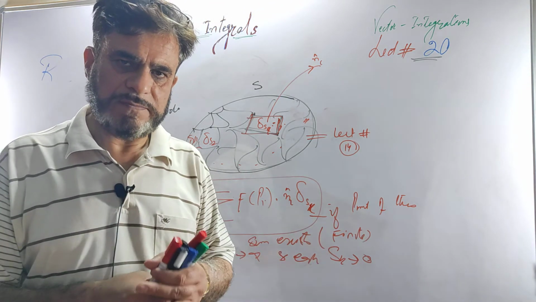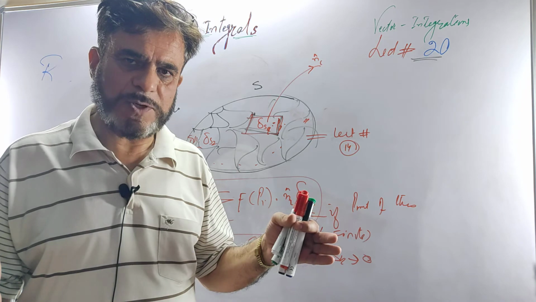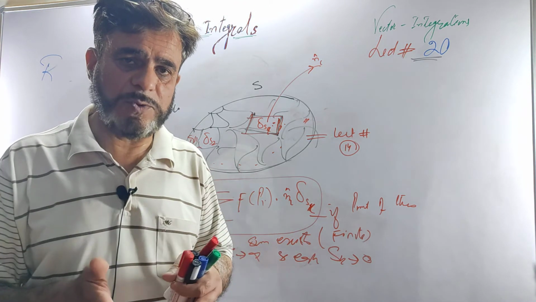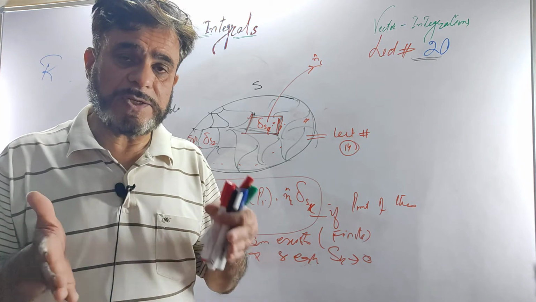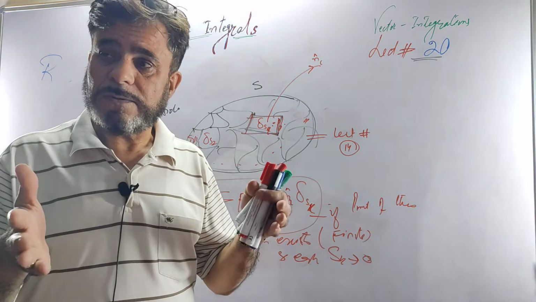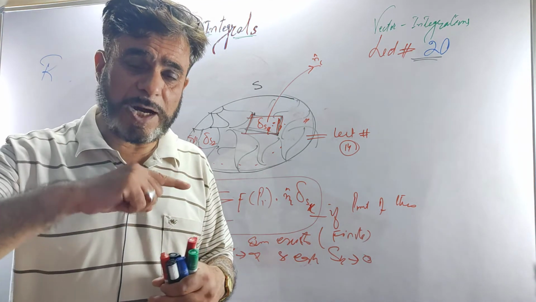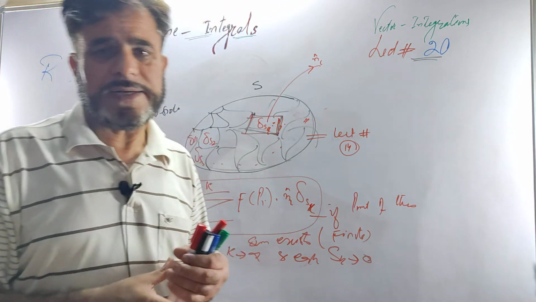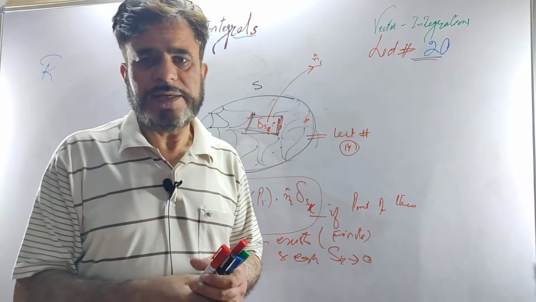Suppose you take a matchbox, it is closed, it has 6 faces and it has volume. You take a cuboid, a cube, even a sphere or a cone. When you integrate over the volume, that gives you the volume integral.